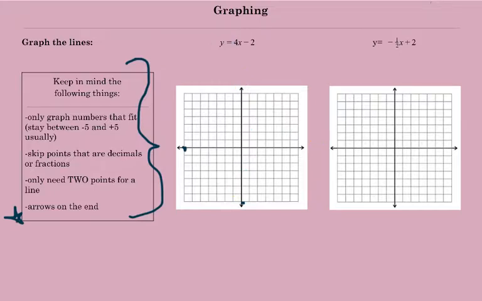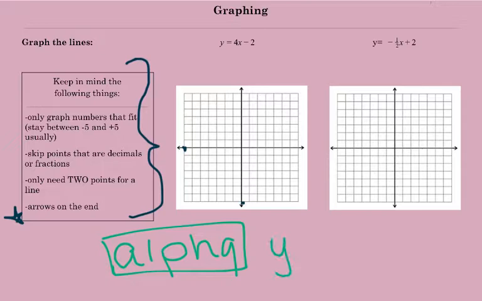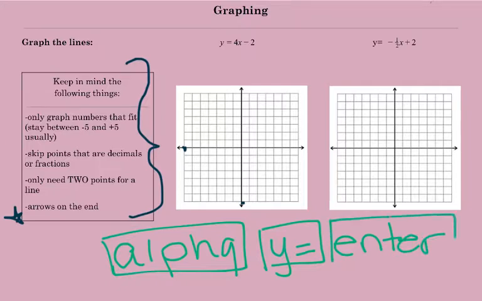Y equals negative 1/2 x plus 2. Another gentle reminder, if you don't remember how to do fractions, alpha, y equals, enter. And it is a negative, not a subtract.